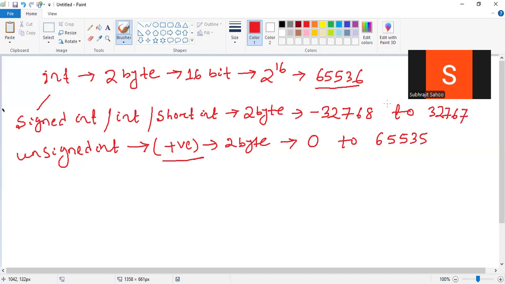This range of values we can store in the integer data type, right? If I am writing in the program only int, that means it is a signed integer, not unsigned integer. Unsigned integer means separately I have to write unsigned int. Then it will be treated as unsigned integer, right?